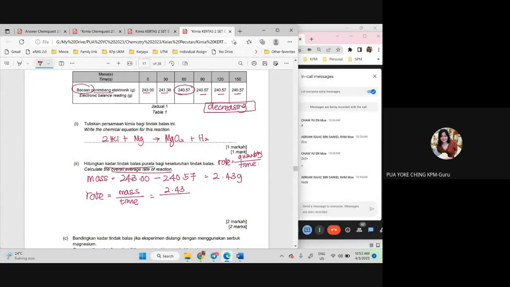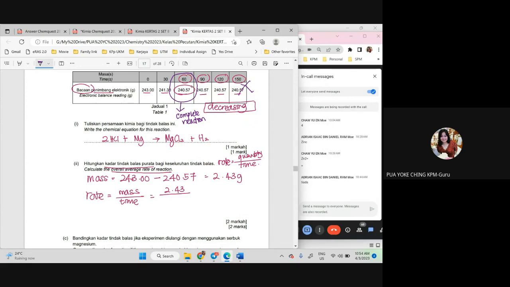Okay, 240.57 ada 60, ada 90, ada 120, ada 150. Okay, ambil 60. You must take 60. Once you achieve constant means it's already complete reaction. Jangan ambil the last one. Ambil the first one.